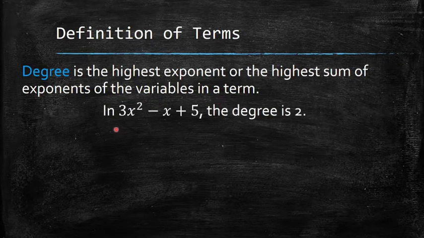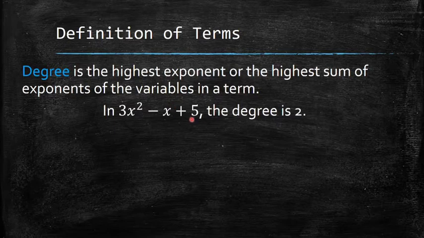So let's have an example. In 3x squared minus x plus 5, the degree of this is 2. So why is it 2? Because the highest exponent of our variable x is 2. We also have x here. When there's no number as exponent, it means that the exponent is 1.